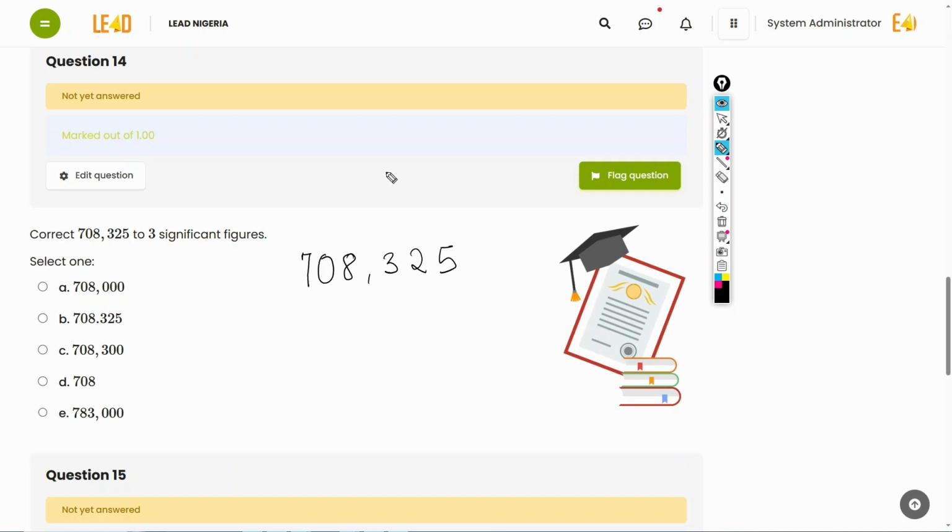Our significant figures, so the rules again: all non-zero digits are significant.